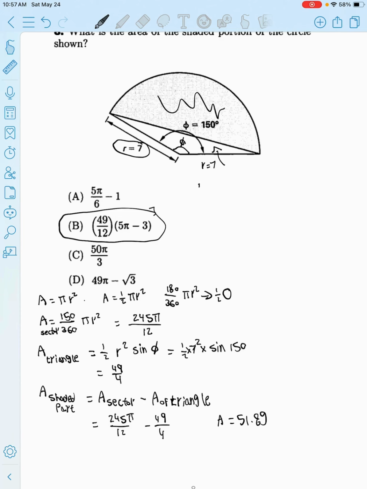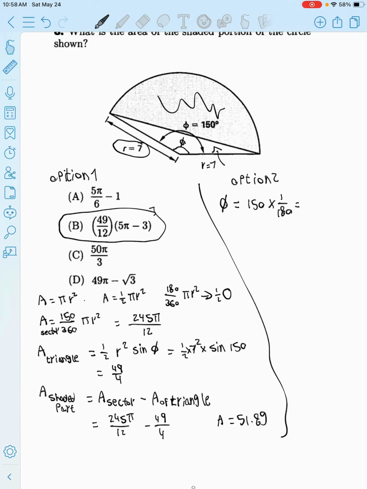Okay, that is option 1. Now option 2. You get phi in radians, so it's 150 multiplied by pi over 180.